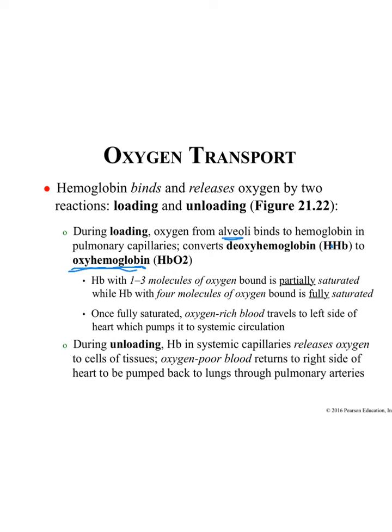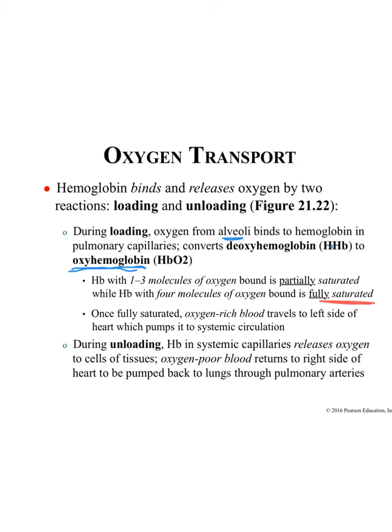So if each one of the 4 subunits is able to carry or bind to oxygen, then we would say that hemoglobin is fully saturated. If only partial, so any of the other 1 through 3 are able to carry, then it's partially saturated. We want to reach that full saturation.